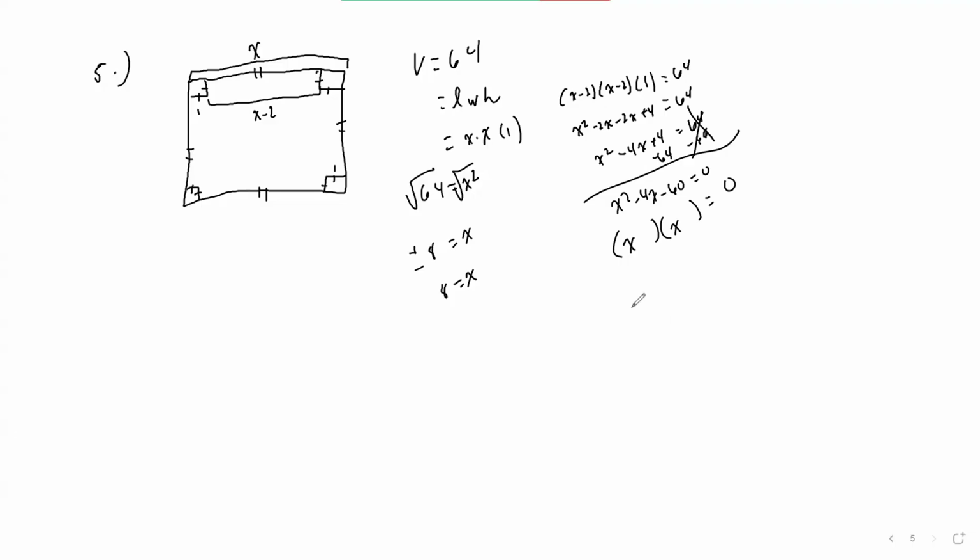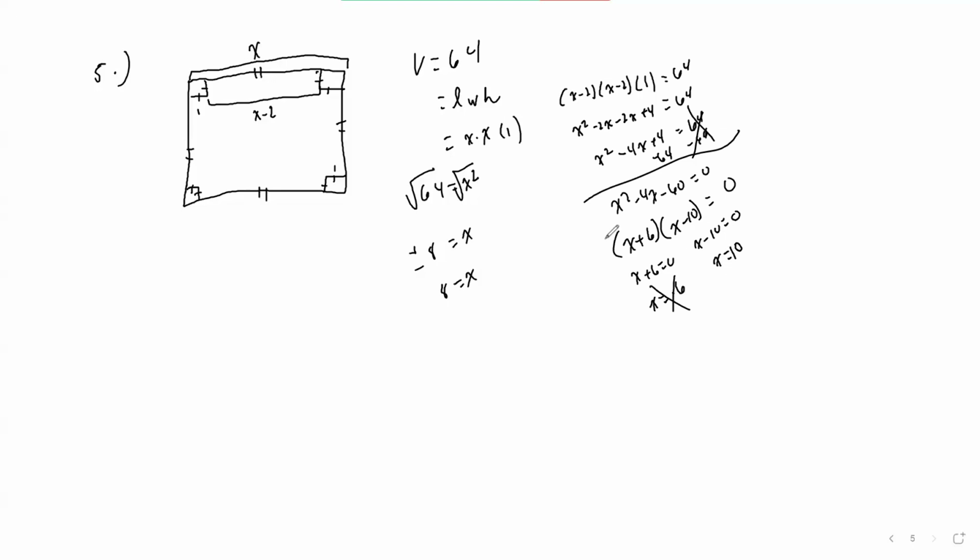See, we could do 6 and 10. That'd be negative, and that would have to be positive. So that'd be x plus 6 equals 0, x minus 10 equals 0. So that'd be x equals negative 6, and this would be x equals 10. Again, can't have negative measurements, so you get x equals 10.